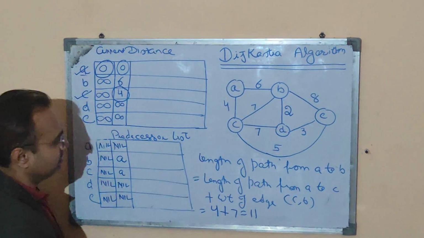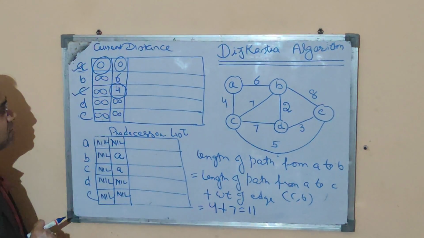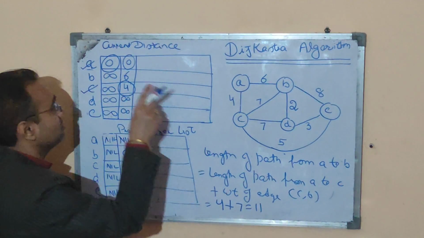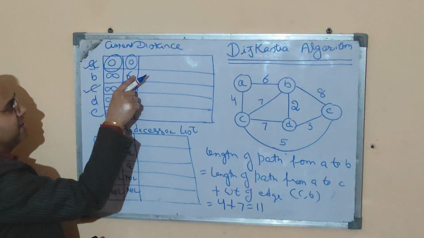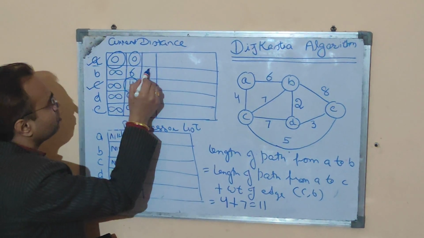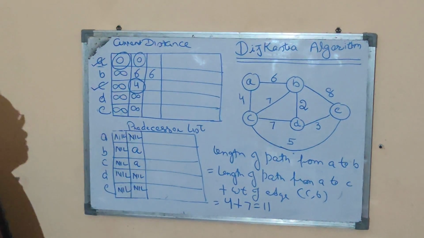So it comes to be 11. But 11 is greater than 6. It means the newly determined path is not better than the already known path. So we are not going to update this value. It will be kept as 6 only.